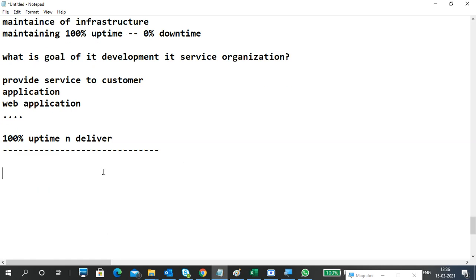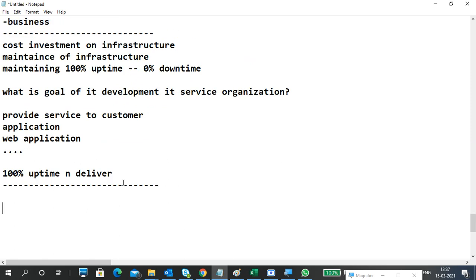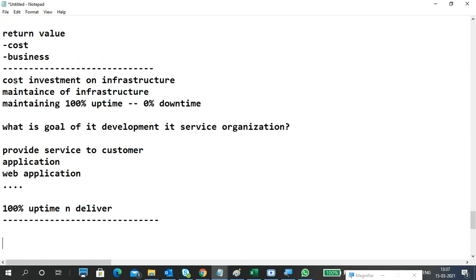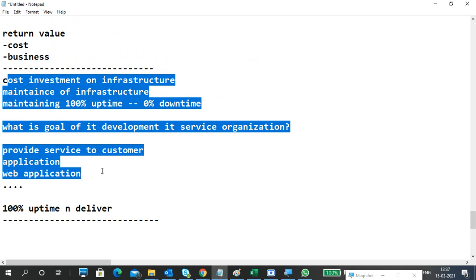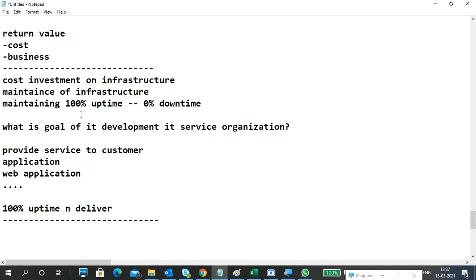So these become challenges. Then what is the solution for all these things? Your investment increases. We don't know whether we will get the cost of investment back, whether we will get business or not. So it is still challenging.